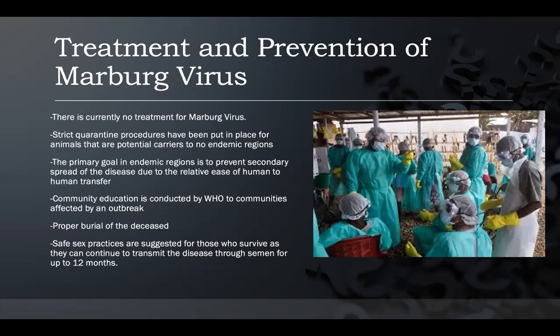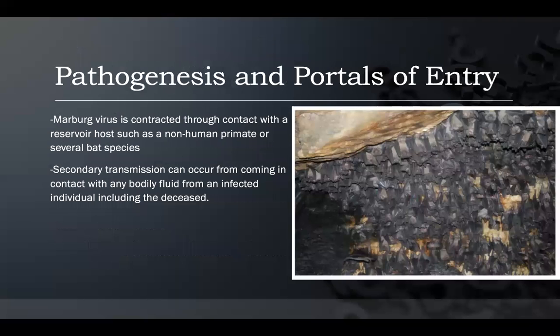As soon as somebody ends up getting infected, they move on to public education, making sure that the communities understand what's at stake and how the disease is spread. They take over and deal with proper burial of the deceased, and they make sure to educate people that safe sex practices are also going to be necessary for anybody that survives the disease, because it is still communicable through semen for another 12 months after they've survived the Marburg virus.